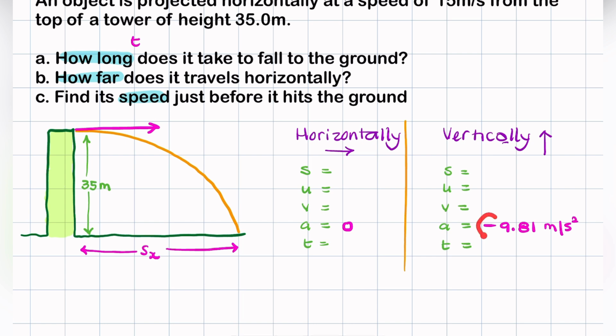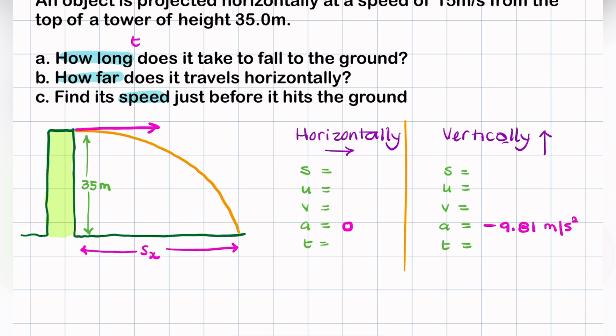Now, you don't have to have a minus sign there. I include a negative sign because the direction of the acceleration is downwards.